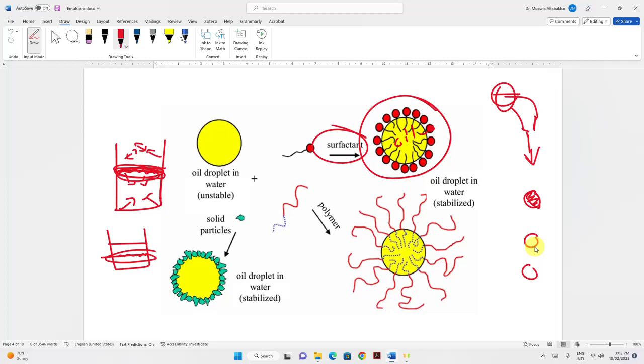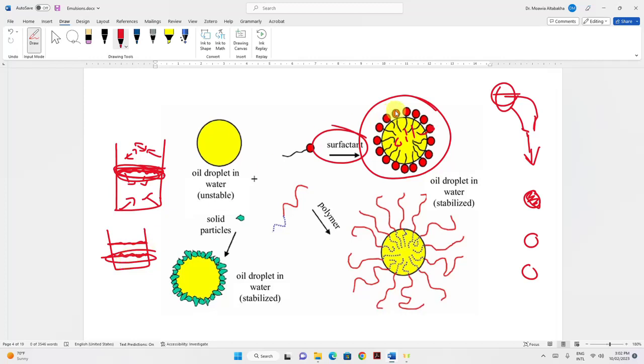For example, surface active agent, why do they call it surface active agent? Because they go to the surface. For example, if it is in this shape, you will find them here, and you will find them also here. They like to go to the surface or to the interfacial area.